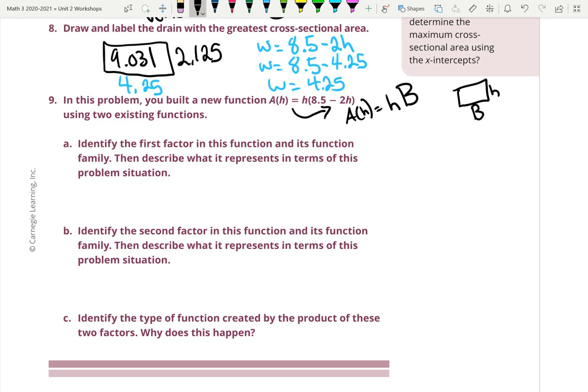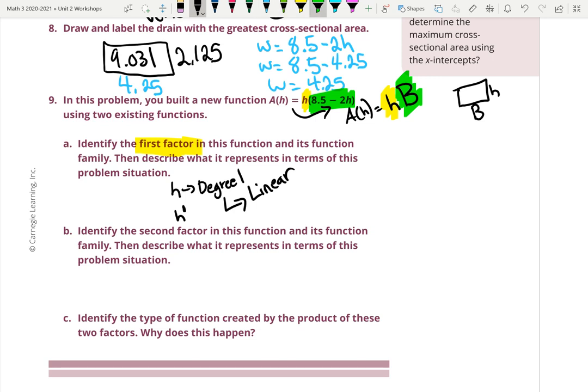This base is a little more complicated to calculate. So the first factor in this equation is H. H by itself is just a variable. It's degree 1. Remember, it has an invisible 1 as the exponent, and this means this is going to be linear.